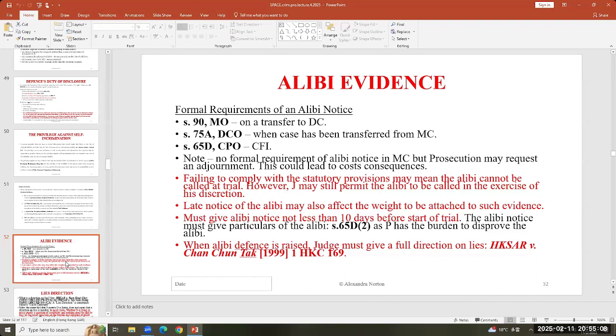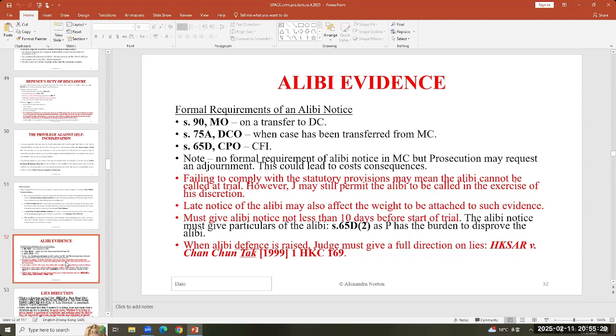That's probably rare in practice because the judge would be concerned about refusing a good defense from being introduced and therefore it being grounds of appeal and the conviction being overturned. So the second consequence is more common.